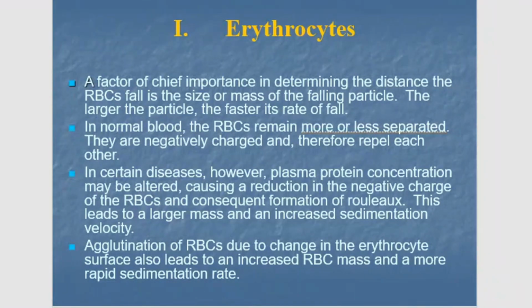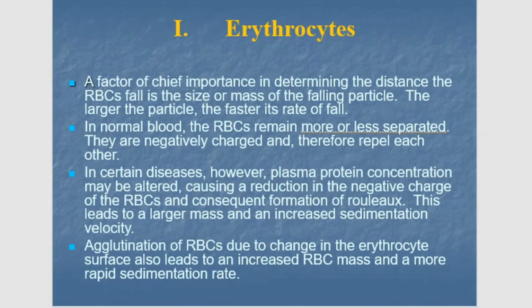Then agglutination of red blood cells is due to a change in the erythrocyte surface, which also leads to an increased red blood cell mass and more rapid sedimentation.